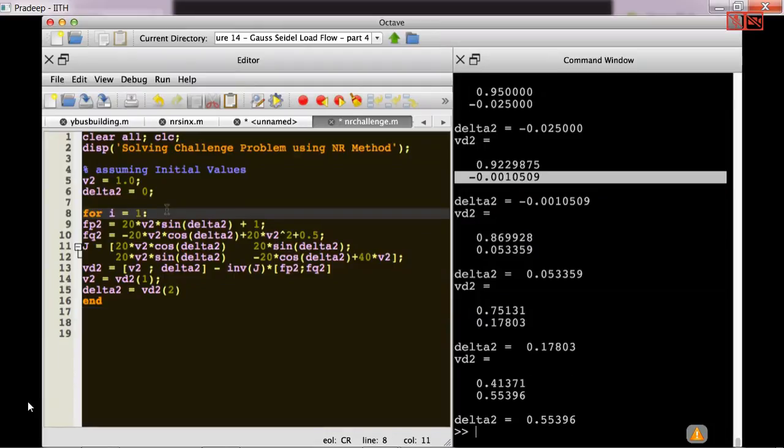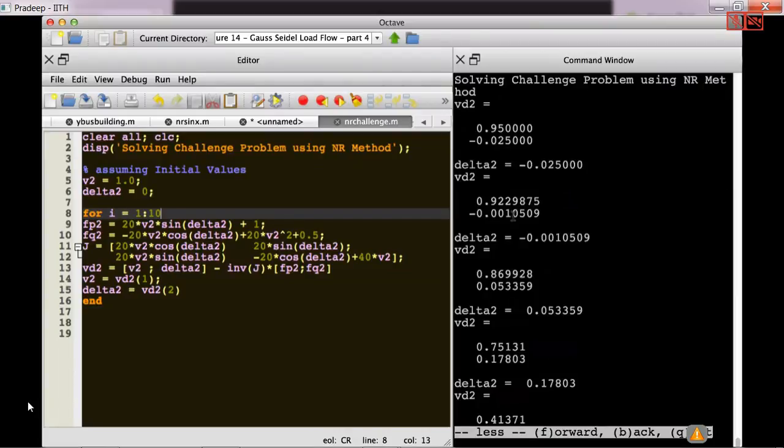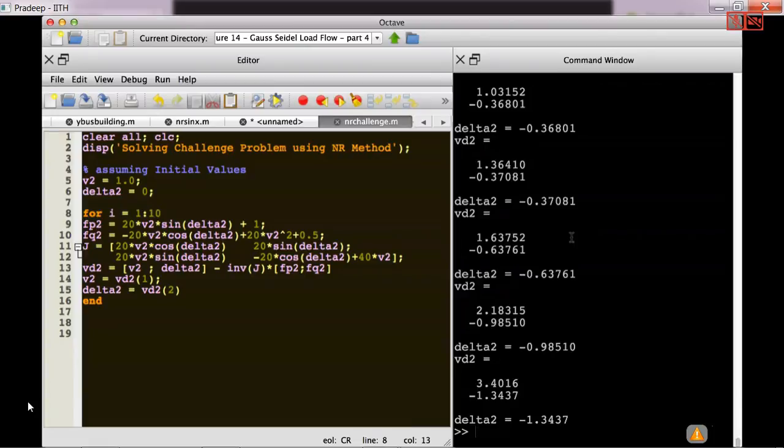Let's increase the iterations. So it is not converging. I think there might be some plus or minus which I mistyped, and because of that it's not converging. Let me check it and then I'll get back to you.